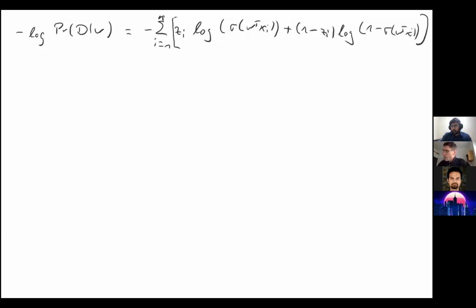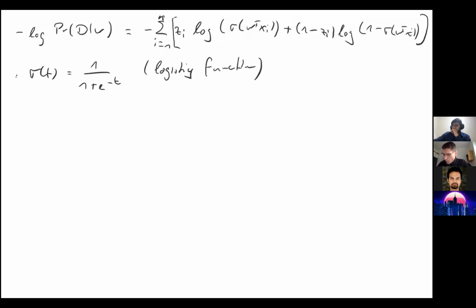And it's actually the nice property of this logistic function. So first we have to see that, and this is the definition, sigma of t is 1 over 1 plus e to the minus t, the logistic function.